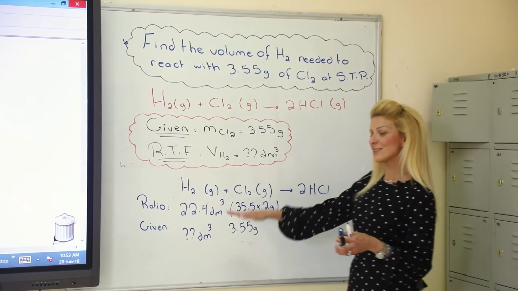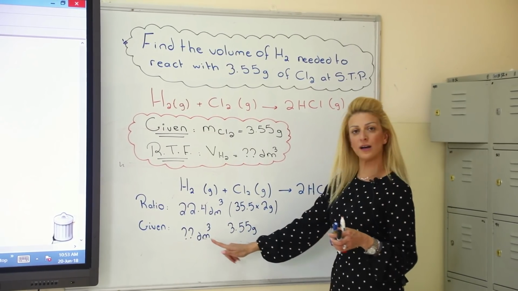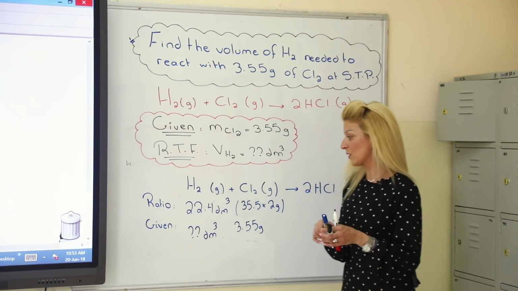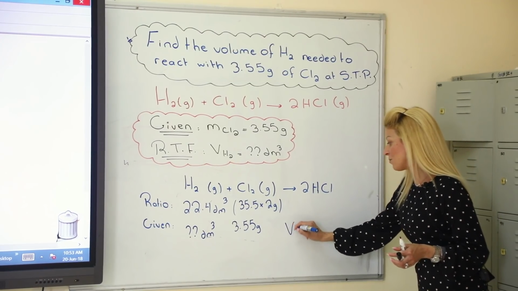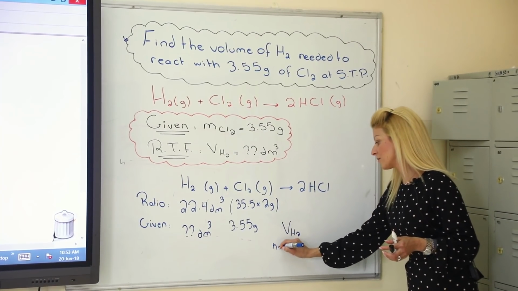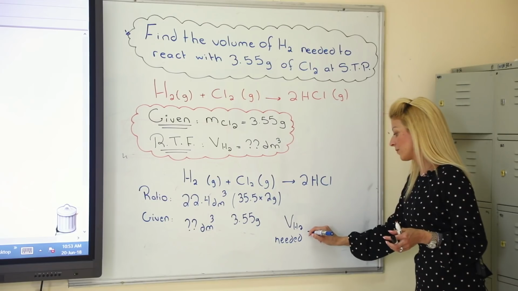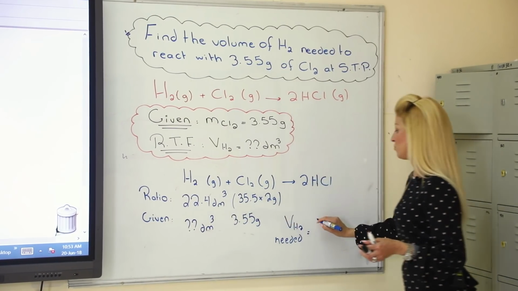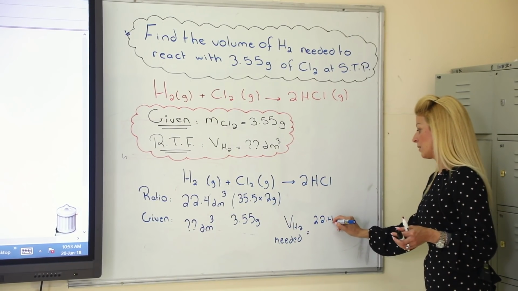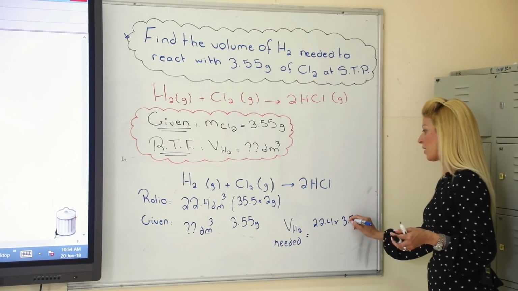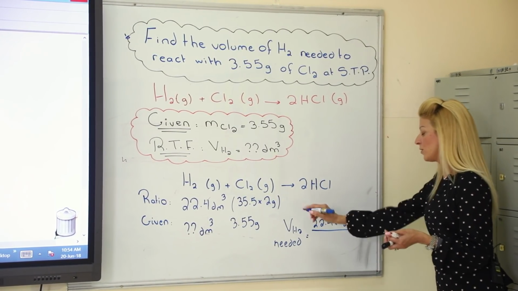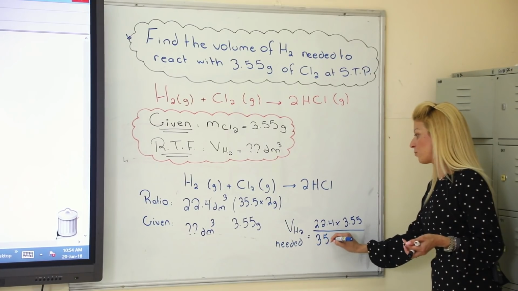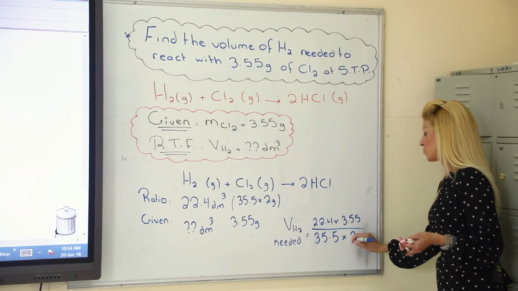Next step, we cross multiply to get our unknown value. So the volume of hydrogen needed will be 22.4 times 3.55 over 35.5 times 2.